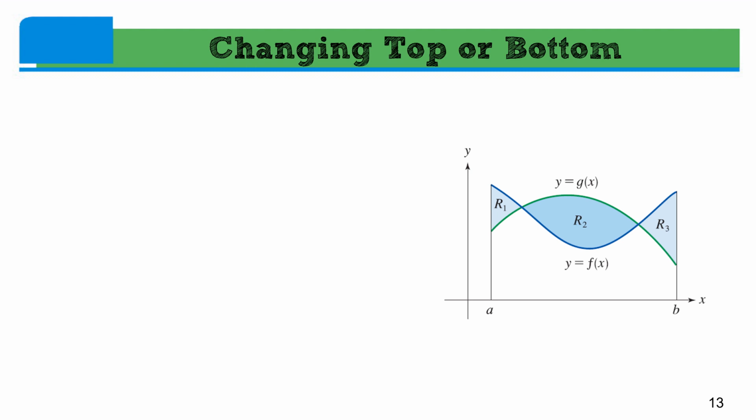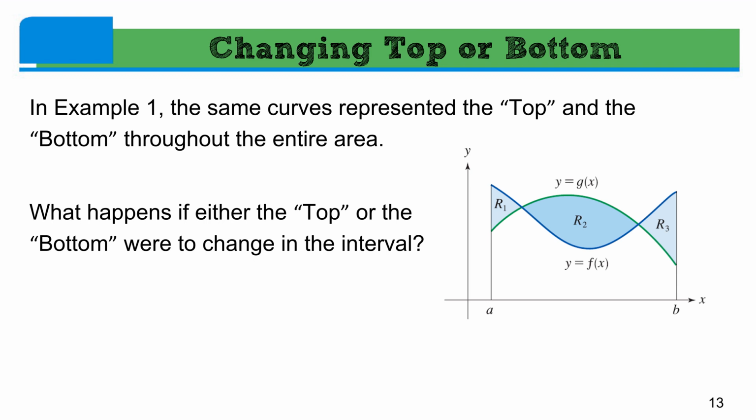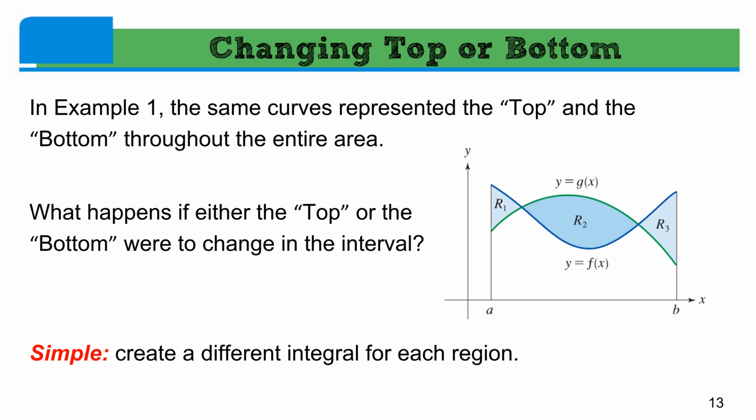The blue is on top, the green is on the bottom. So when solving that problem, you're going to need 3 different integrals. Create an integral for each individual region. Which also means that you're going to need to know where those points of intersection are so you know when the functions switch positions from top to bottom.